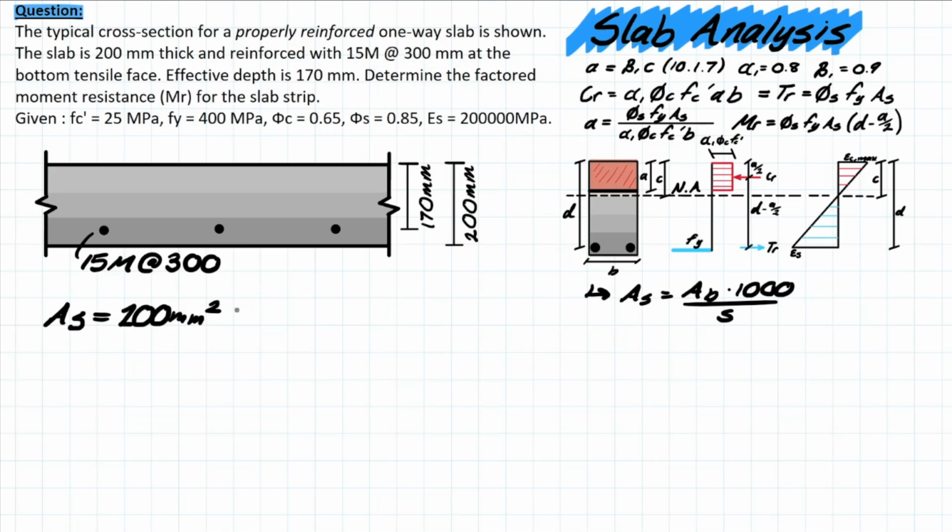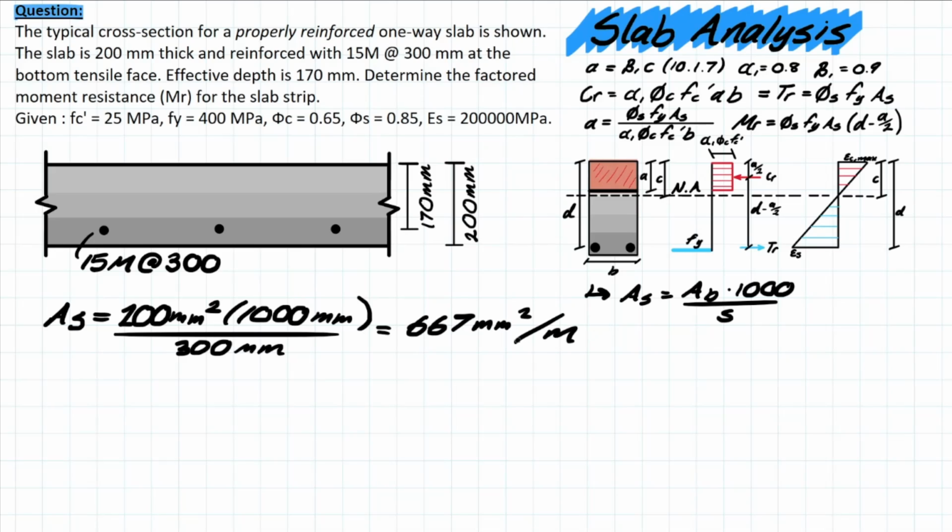You have that 1000 millimeter segment that we're considering, and that's all over the spacing of our bars, which is 300 millimeters. Solving for this, you're left with approximately 667 millimeters squared per meter.